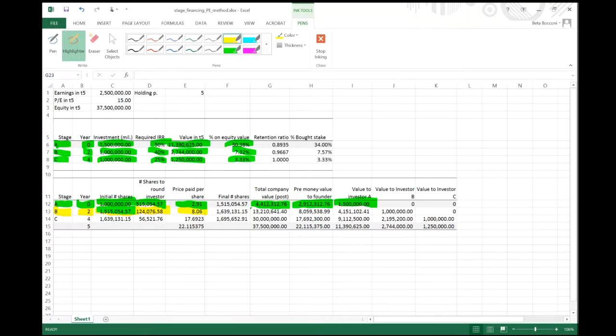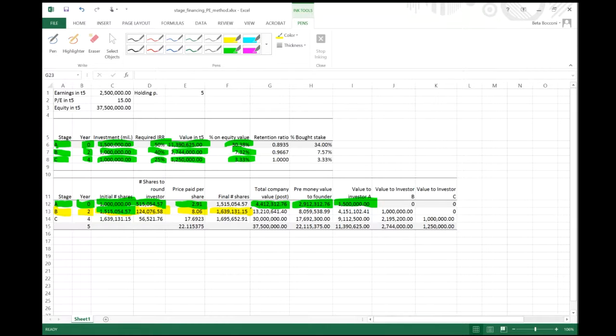So that the total number of shares after the capital increase will be 1,515,000 plus 124,000, 1,639,000 shares or so.